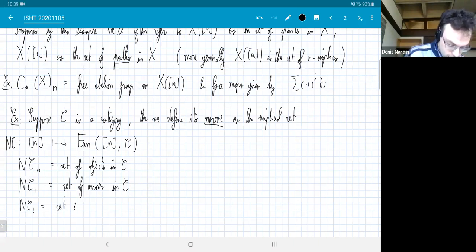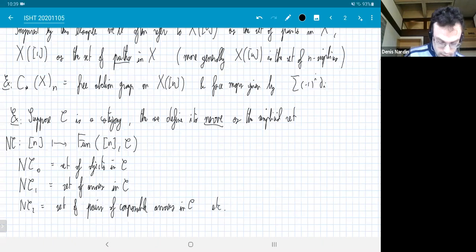N(C)[2] is the set of pairs of composable arrows in C, etc.